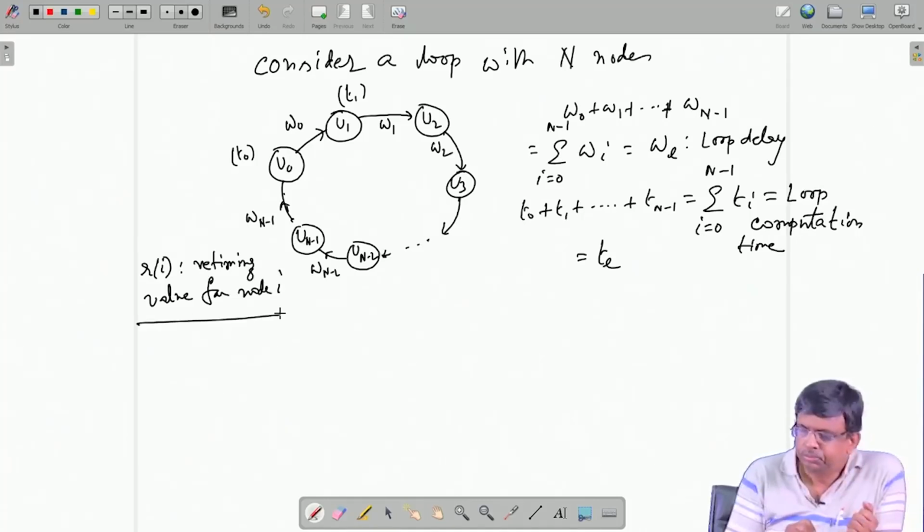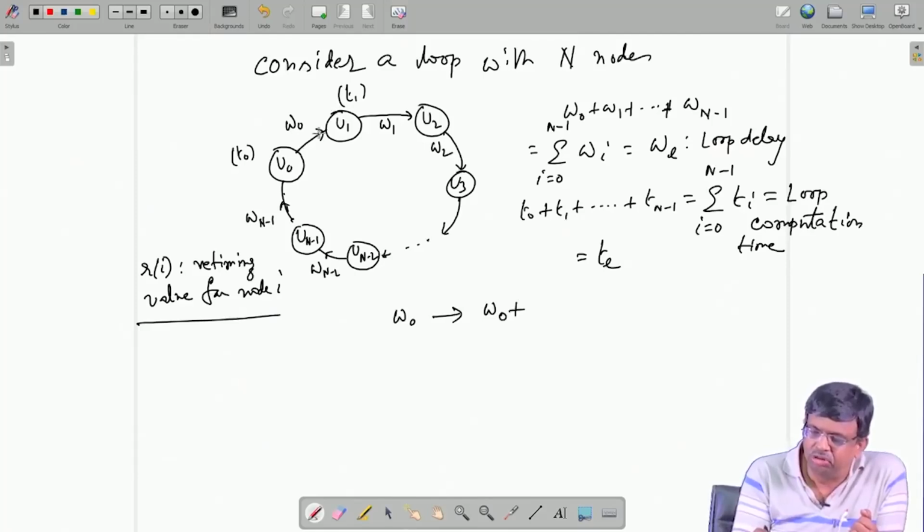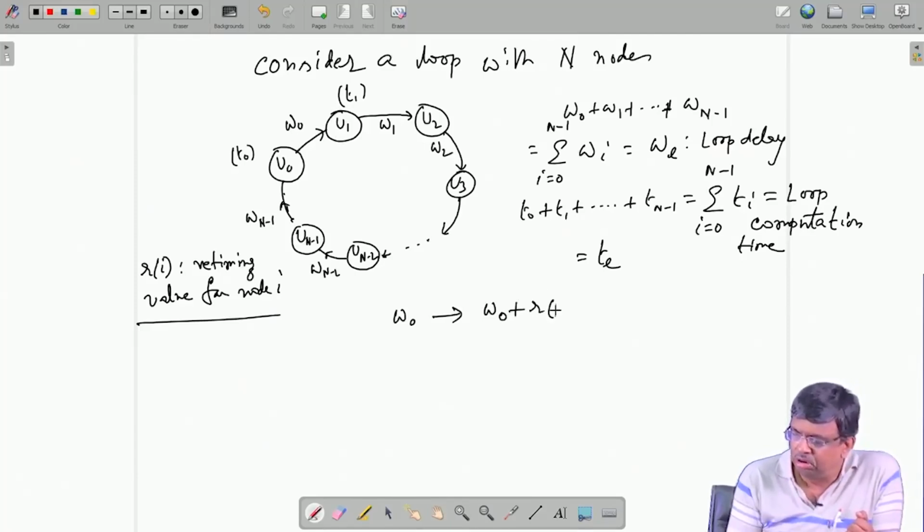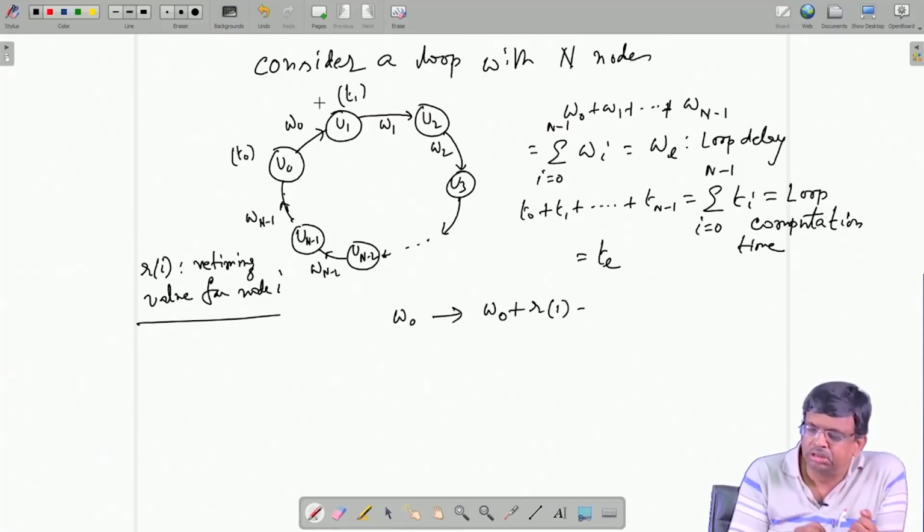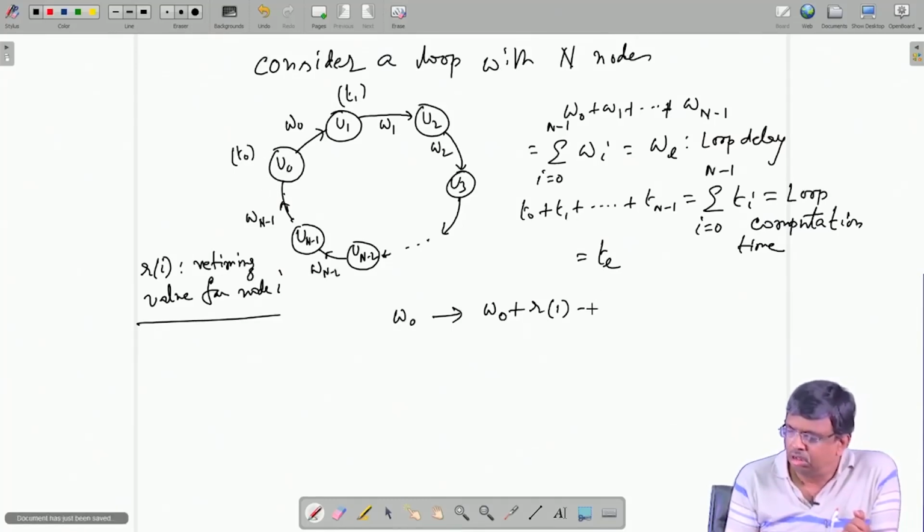Okay. So, after retiming W0, this delay will turn out to be what? After retiming, it will be original W0 plus retiming value of the destination node for this edge, which hits at U1. So, destination value is R1, retiming value of the destination node minus retiming value of the source node, source for this edge, that is R of 0.